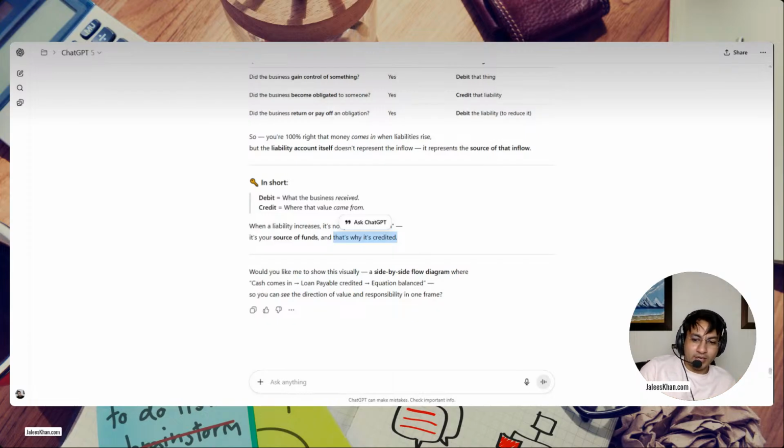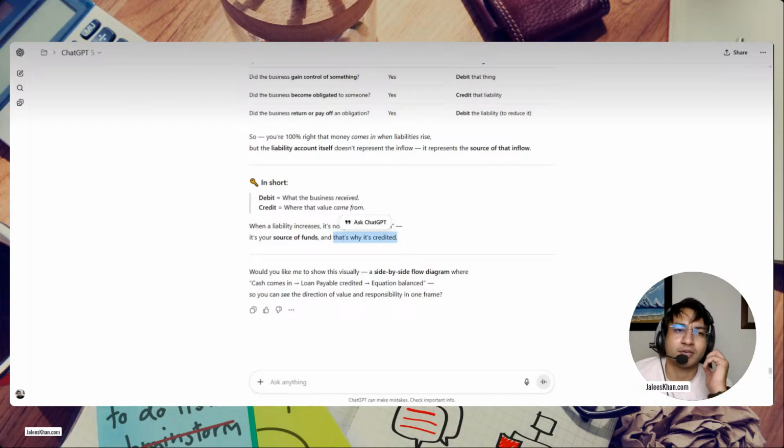So the liability account represents the starting point of the transaction, but the ending point of the transaction is the asset, which is being debited when liability is credited. So in this way, it's making some sense.